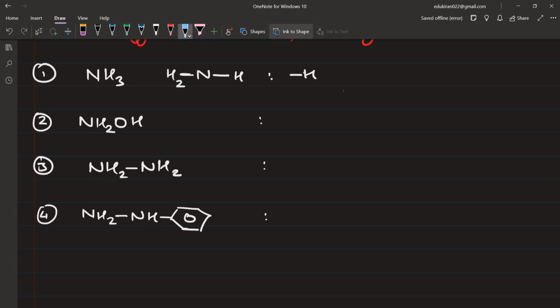So Hanifa, what is the Z in the second one? Tell me. थर्ड वन में क्या है? NH2. फोर्थ वाले में and नहीं.